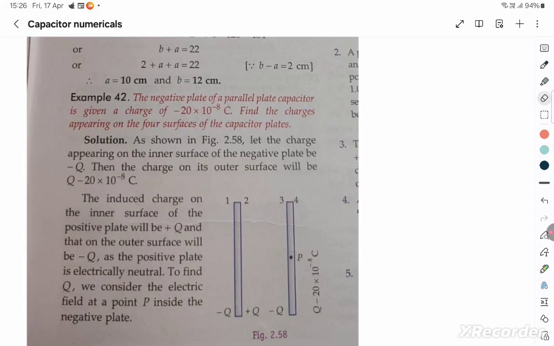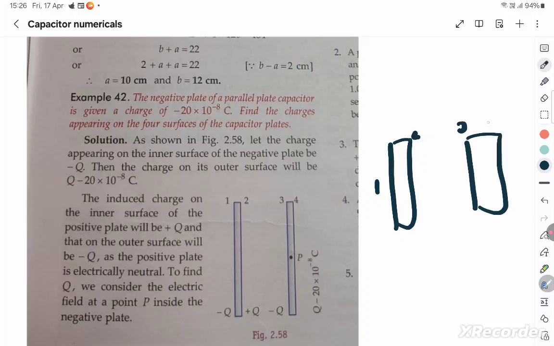When a charge is given to one plate of the capacitor, it redistributes itself across all the four surfaces to ensure that the electric field inside a metal plate is 0. So let's consider this point P, just like how he has considered. He has written this is surface 1 and this is surface 2, and there's surface 3 and surface 4.